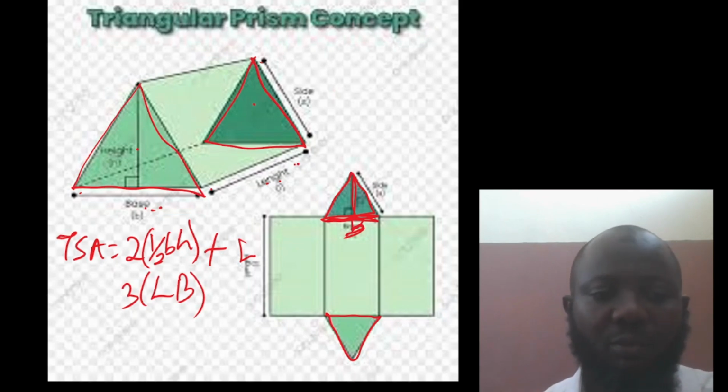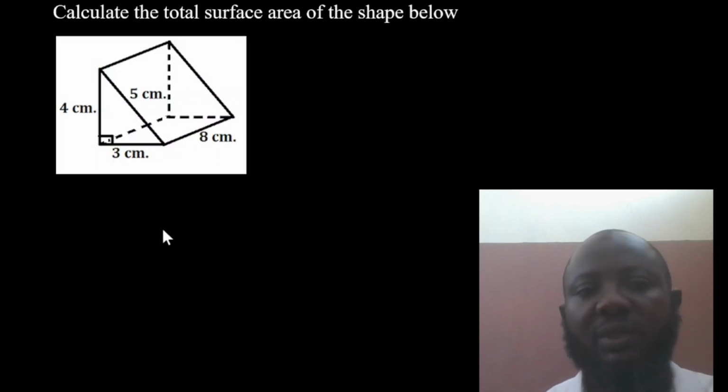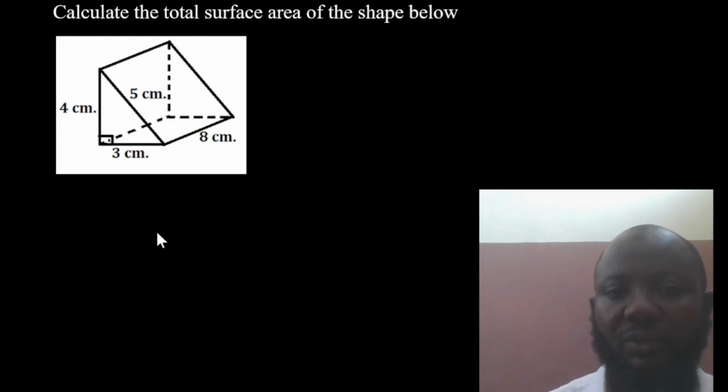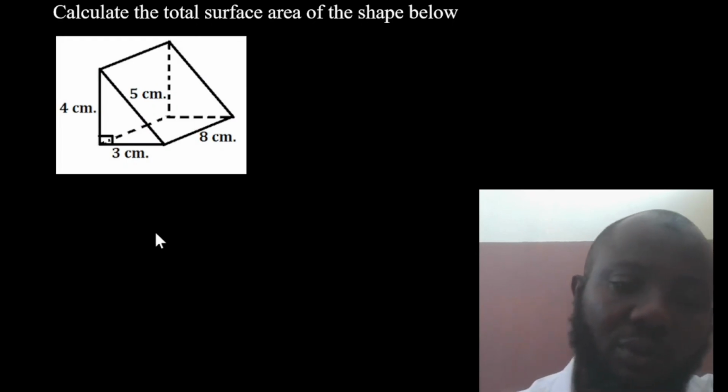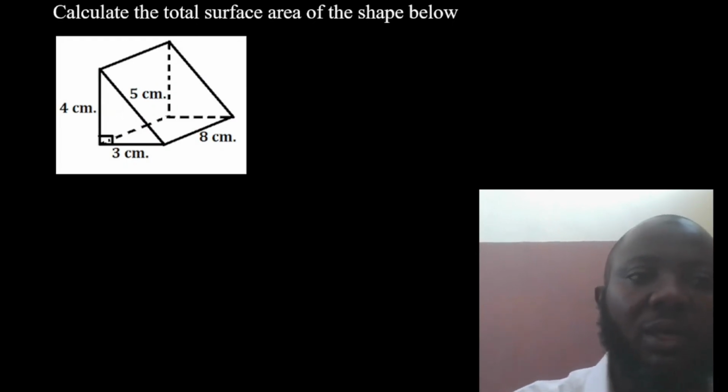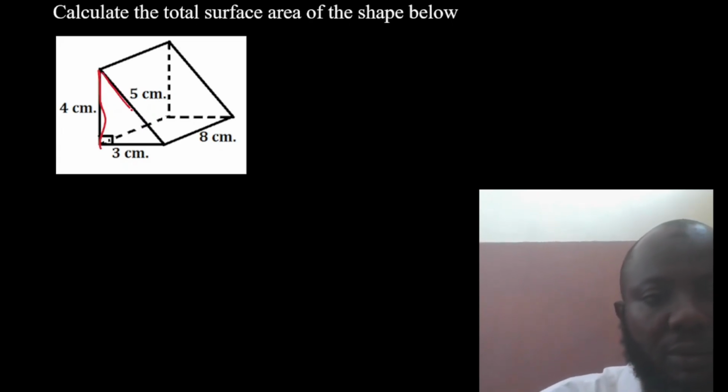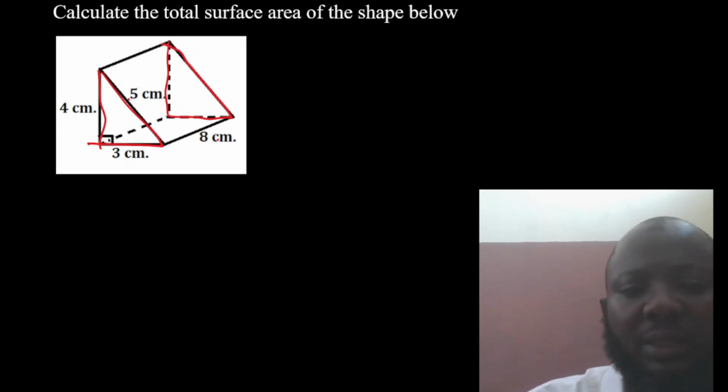Now, we have this example. Calculate the surface area of this shape below. This is a triangular prism, so the triangle here is this, and there are two. Then we have this rectangle, which is 5 by 8.